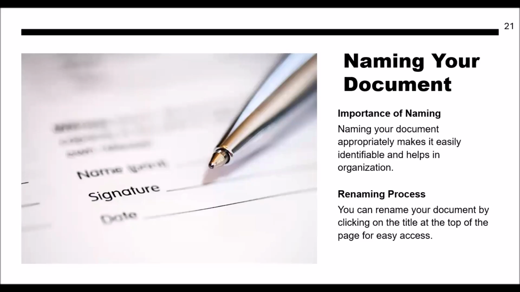It's important to name them properly so that you can find them again and know what you're opening. And it's easy enough, once you've opened it, to rename it. You just click into the box at the top that has the current name and change it.